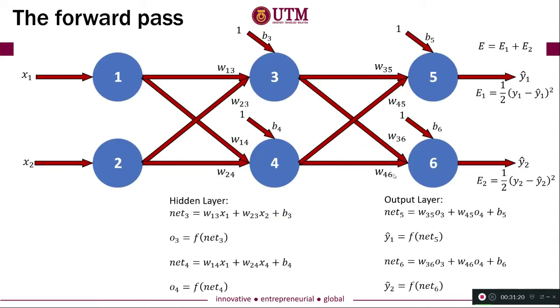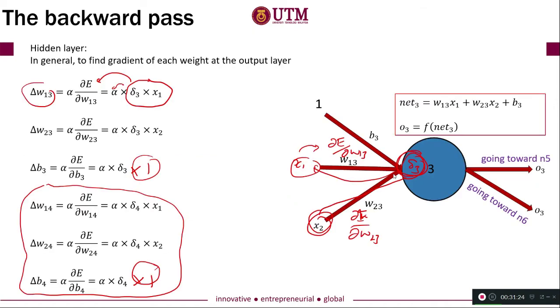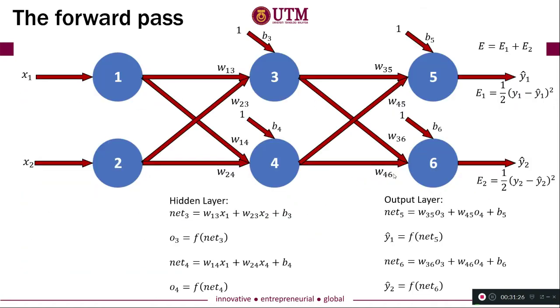Again, I just summarize all of this. What happens during the forward pass is this. Remember that you're going in this direction during the forward pass. That's why you process the hidden layer first. Once you finish with all these computations, you get O3, O4.